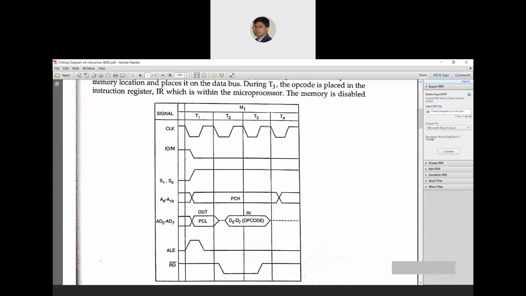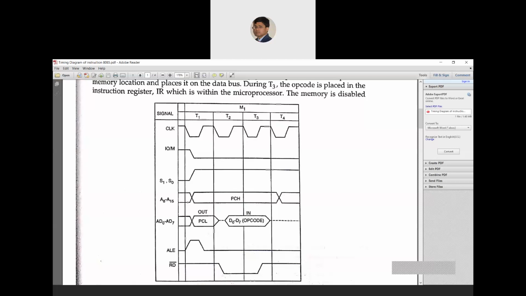We know that for each and every operation, the first machine cycle is opcode fetch, where the 8085 fetches the hex code from the memory, then puts that hex code into the instruction decoder, and that instruction decoder will decode the hex code and understand what next operation it has to do. So after reading the content from the memory, the microprocessor puts that content into the instruction decoder, and from there it is decoded.